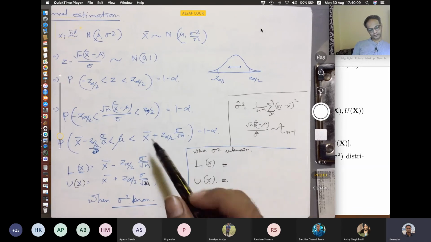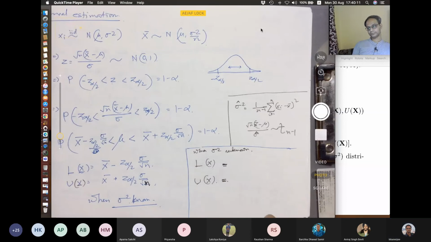So do the similar thing. What are the changes you need to do, or it will naturally come for the lower bound and the upper bound? If you have any difficulty, then let me know. Where are you facing difficulty?